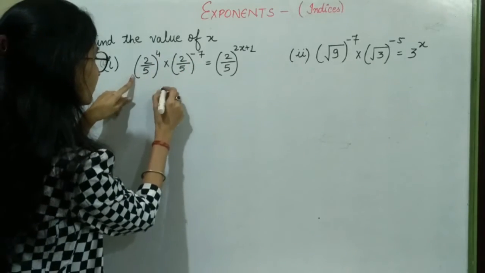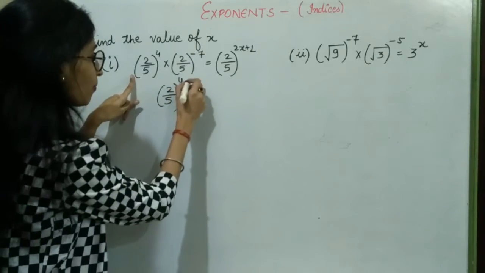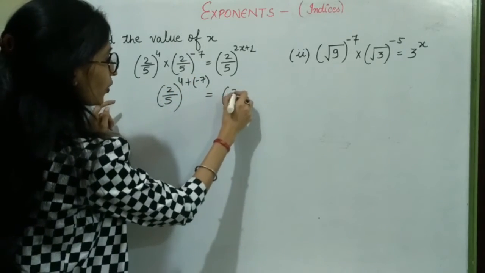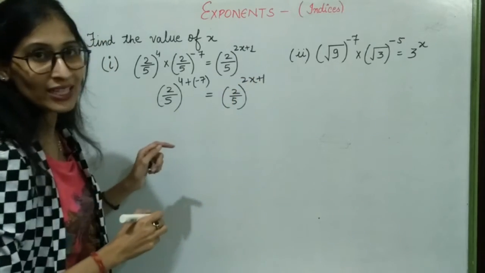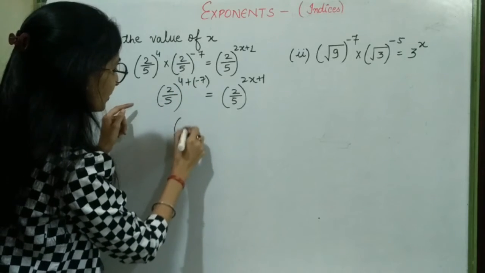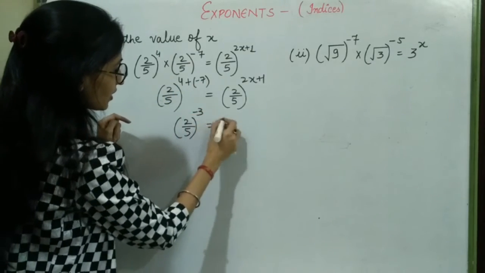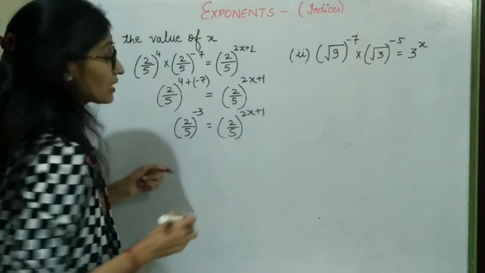So it will become 2 upon 5 raised to power 4 plus minus 7 equals to 2 upon 5 raised to power 2x plus 1. Plus minus minus, 7 minus 4 will be 3. Sign of greater number, so 2 upon 5 raised to power minus 3 equals 2 upon 5 raised to power 2x plus 1.